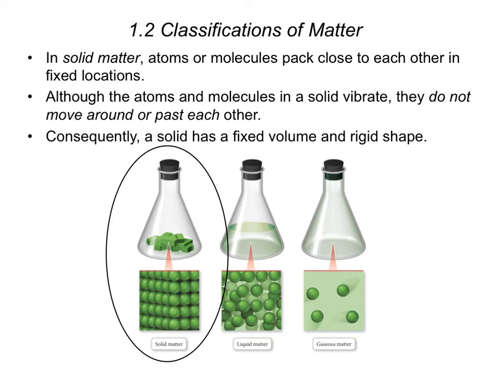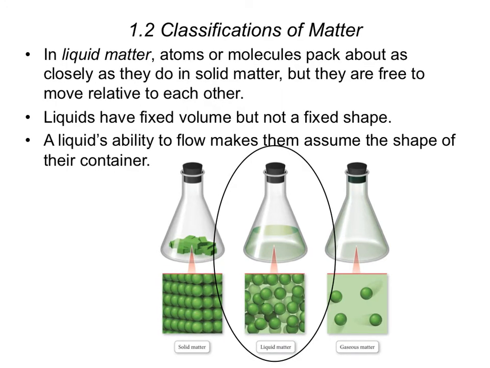What about liquids? How do liquids differ comparatively to that? Are liquids close together? Little atoms, molecules, are they close together? They're pretty close together, okay? But how do you think a liquid differs from a solid? Do you think that now they can move with respect to one another? Yes, okay? So solids, close together, can't move. Liquids, on the other hand, are still close together, fairly close, but now they can move with respect to one another, okay?